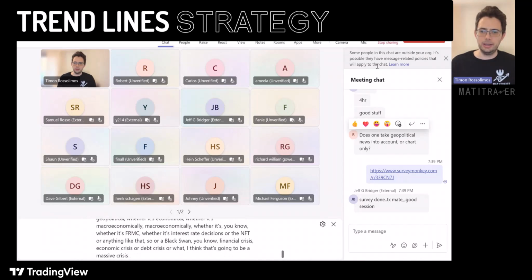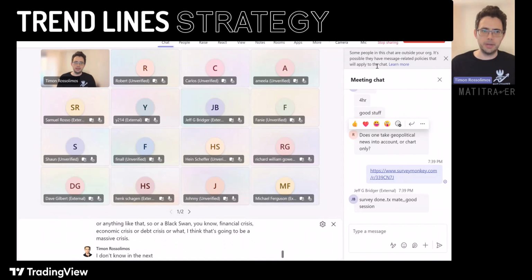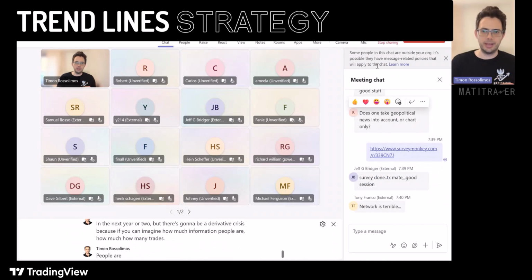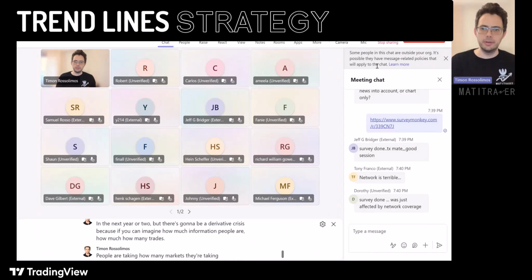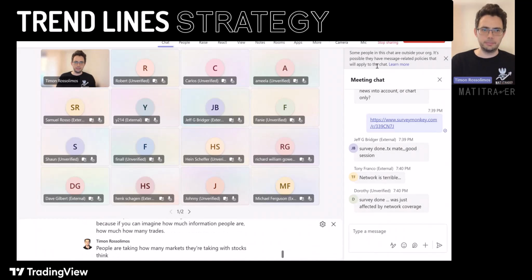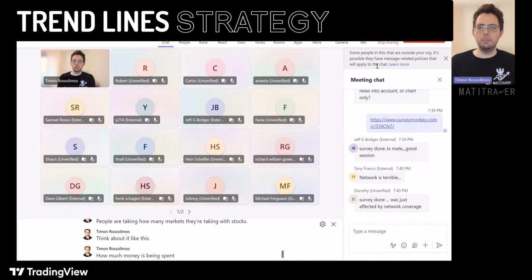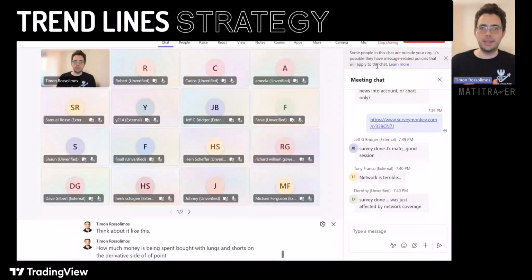I don't know when, in the next year or two, but there's going to be a derivative crisis, because you can imagine how many markets are being taken with stocks. Think about it like this: how much money is being spent, bought with longs and shorts on the derivative side, with gearings of 1 to 500, 1 to 100?